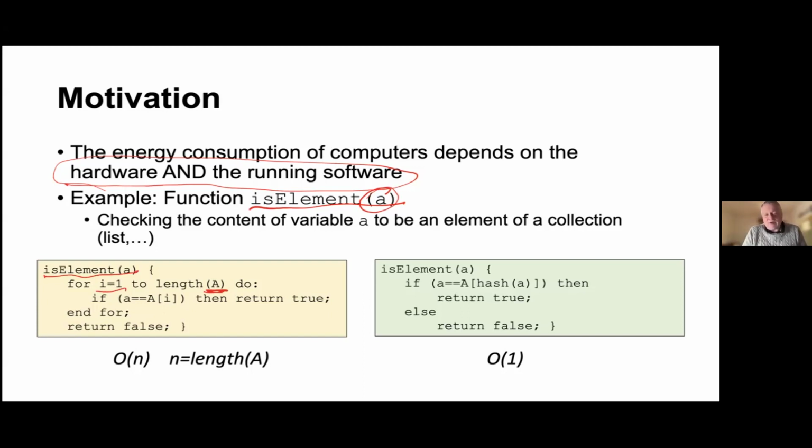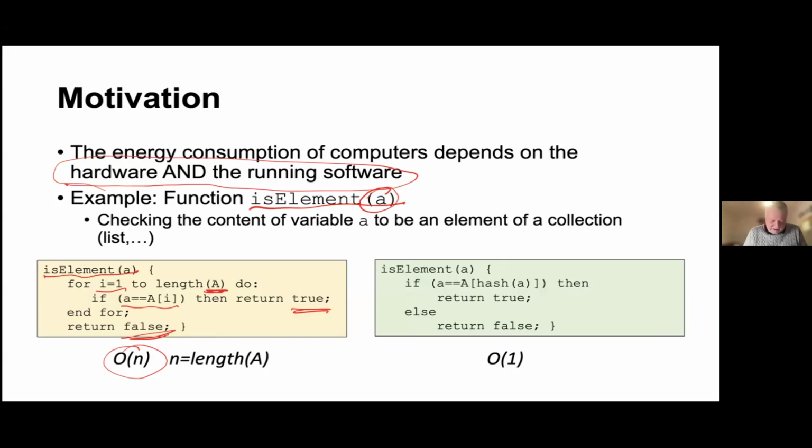This is especially required when we don't have any further information like sorted collections or whatever. For each element, we check whether there is an equivalence. If yes, we return true, and otherwise false. Obviously, this has a time complexity of O(n), where n is the length of the collection. And unfortunately, in this case, we cannot do better.